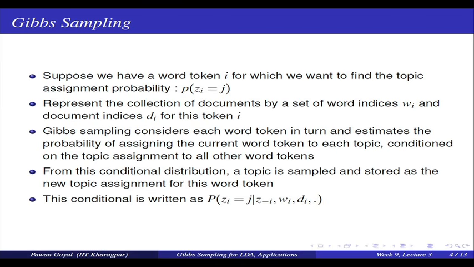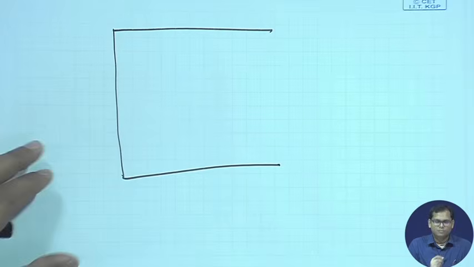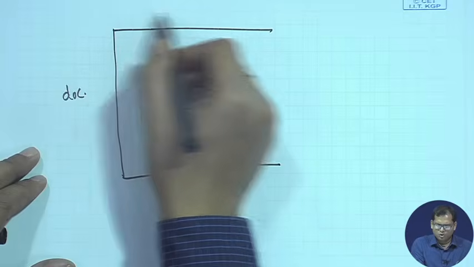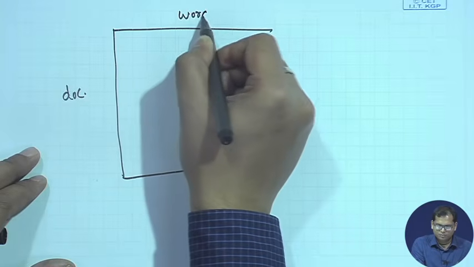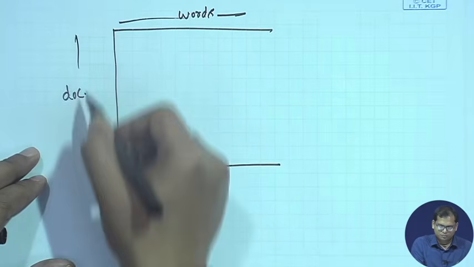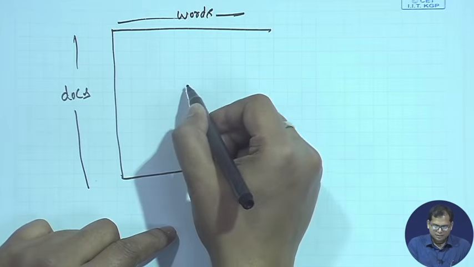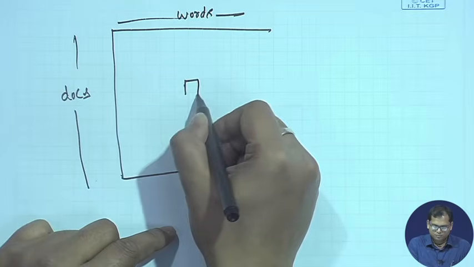You have a set of documents, and suppose you know your unique words. You are at the ith token.